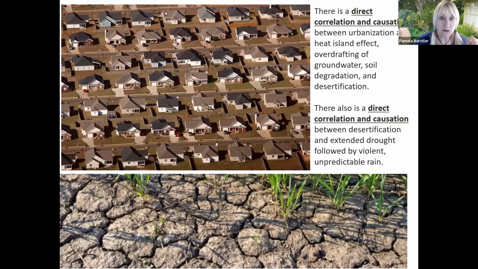reduce desertification, because the more desertification we have, that's the destruction of land, right? The more desertification we have, more heat island effect we have, the more volatile our storms are going to be, the more coastal areas and areas that are vulnerable are going to be pounded by these volatile storms, and the more epic drought we're going to be seeing in inland areas.